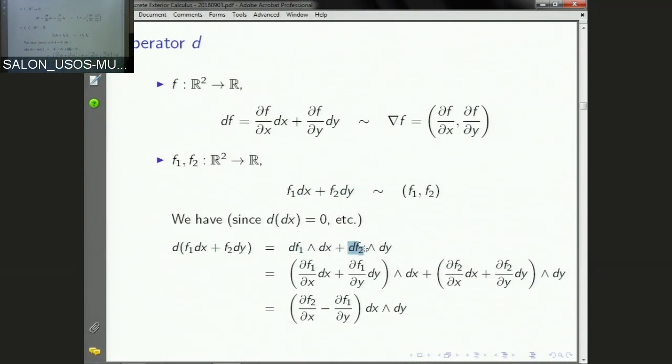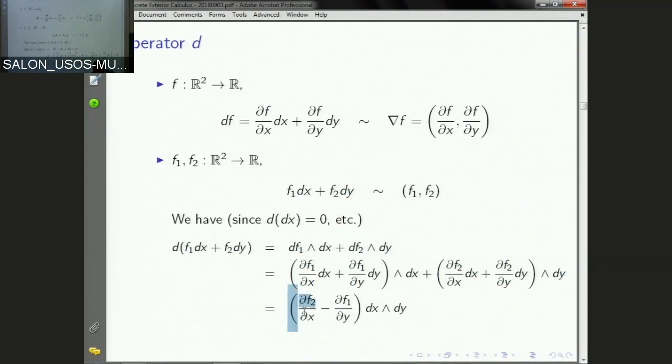In that way, what we're going to get is this differential here, then the other one, then we distribute the wedge product over the sum, but you realize that dx with dx will give 0, dy with dy will give 0, and here I will have dy wedge dx, which I have to change to the order dx dy, and a minus appears.